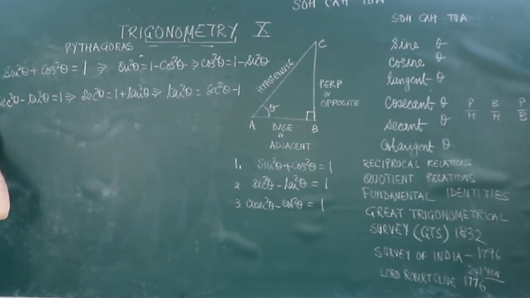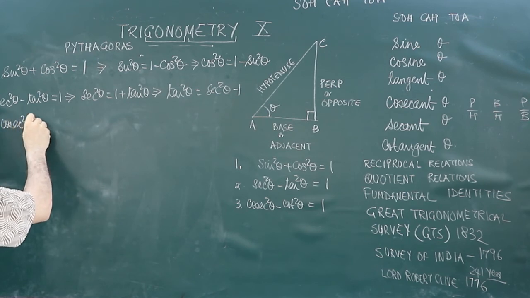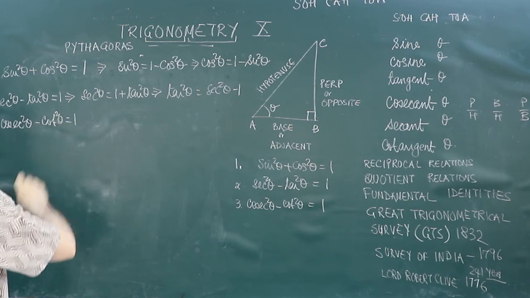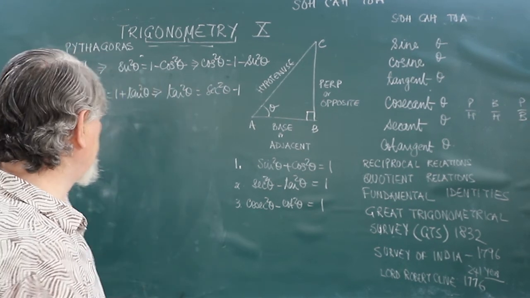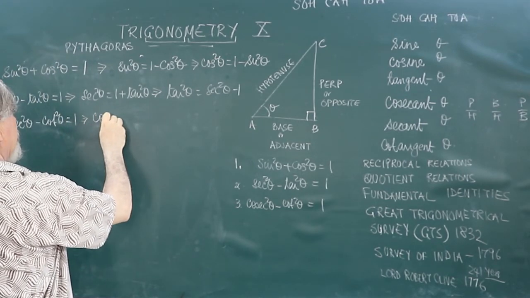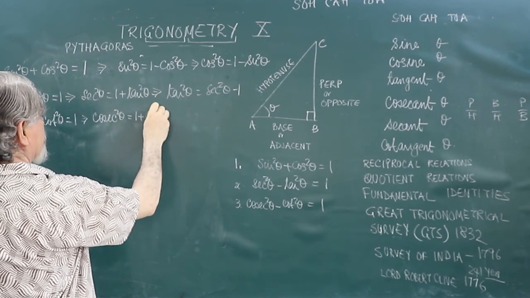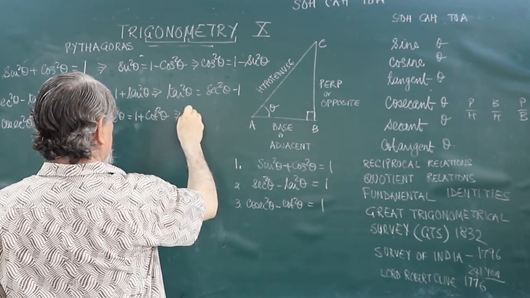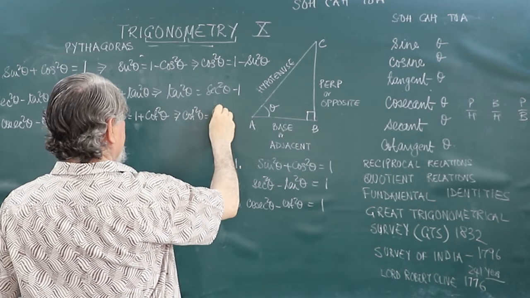Next is cosec square theta minus cot square theta is equal to 1. So I can write it as cosec square theta is 1 plus cot square theta, or I can write cot square theta as cosec square theta minus 1.